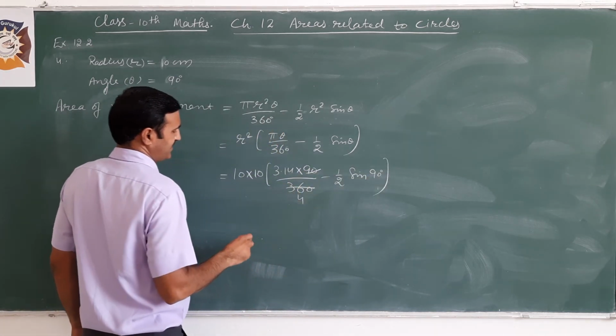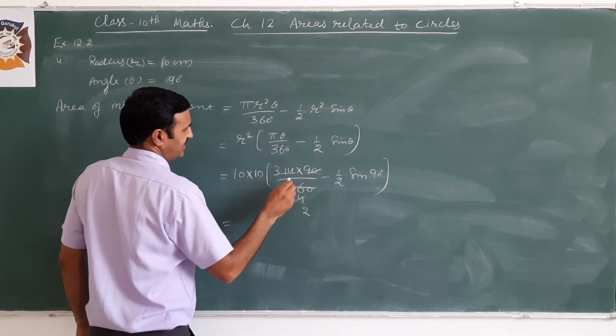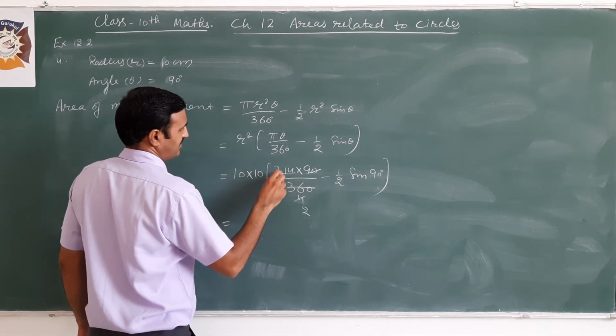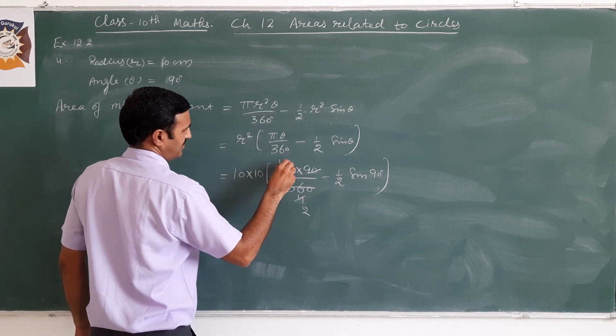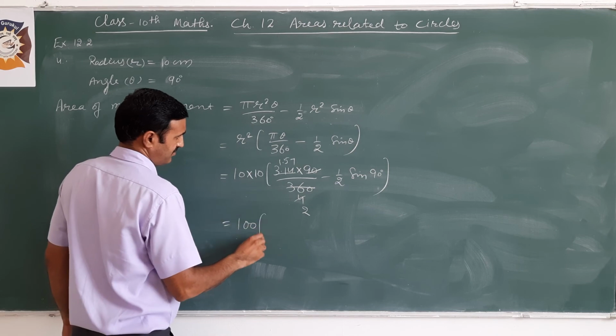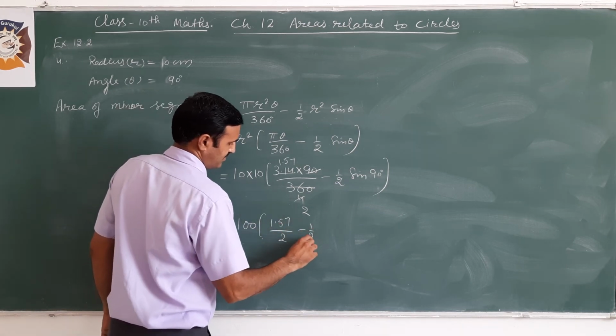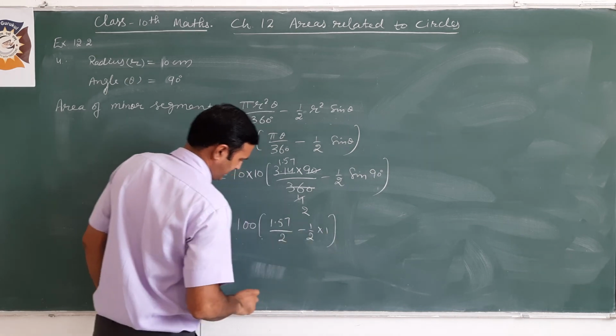From the trigonometric table, we know the value of sine 90 degree is 1. So 100 into 1.57 upon 2 minus 1 by 2 into 1.